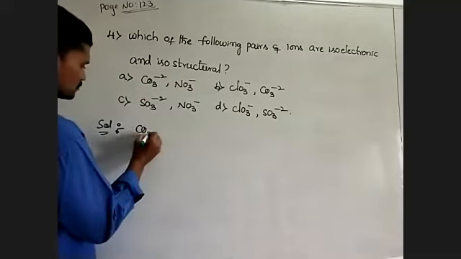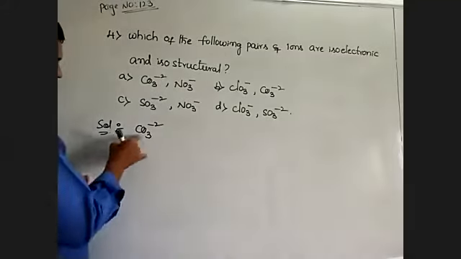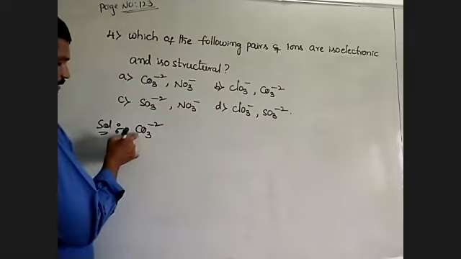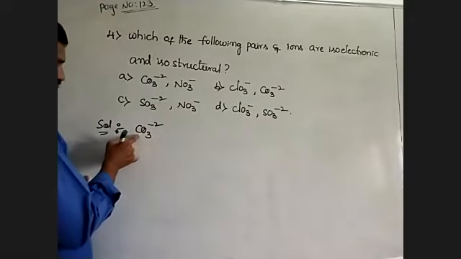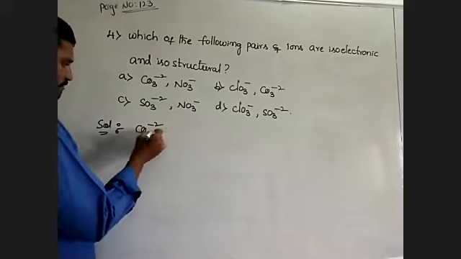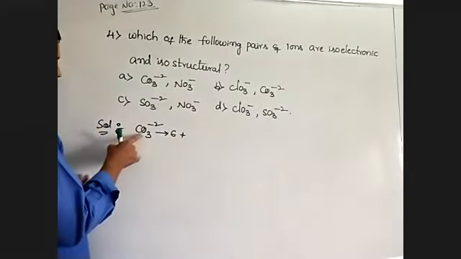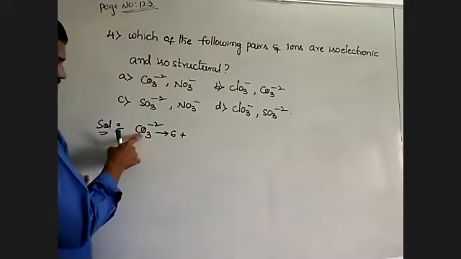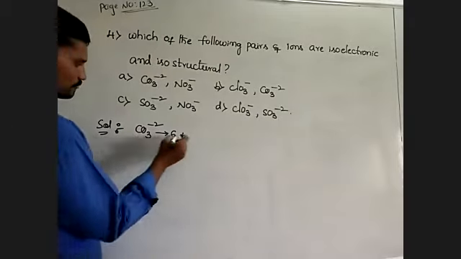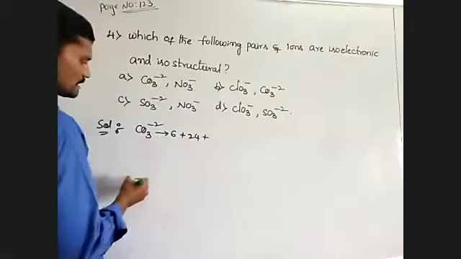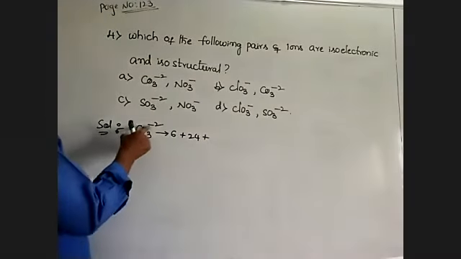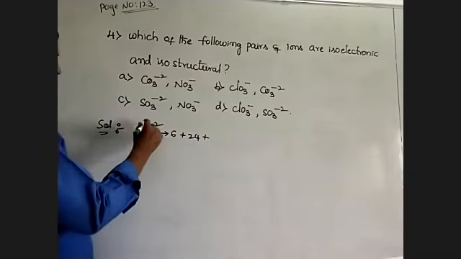So CO3 2-: carbon atomic number is 6, so it contains 6 electrons here, plus oxygen atomic number 8, 8 times 3 is 24, plus here minus 2 is present. Minus 2 means 2 electrons are extra.